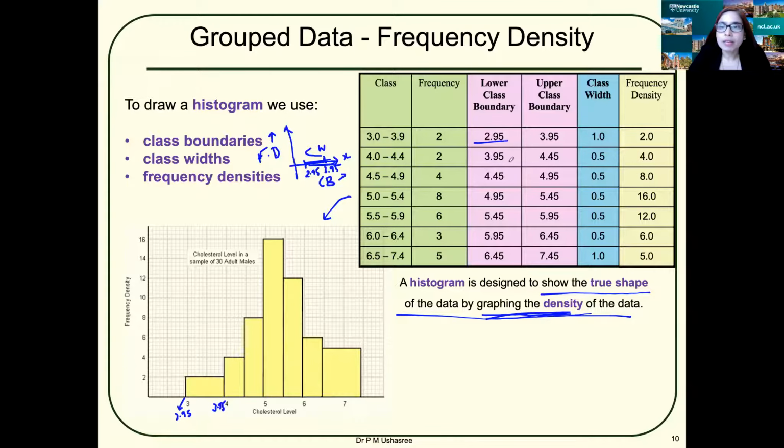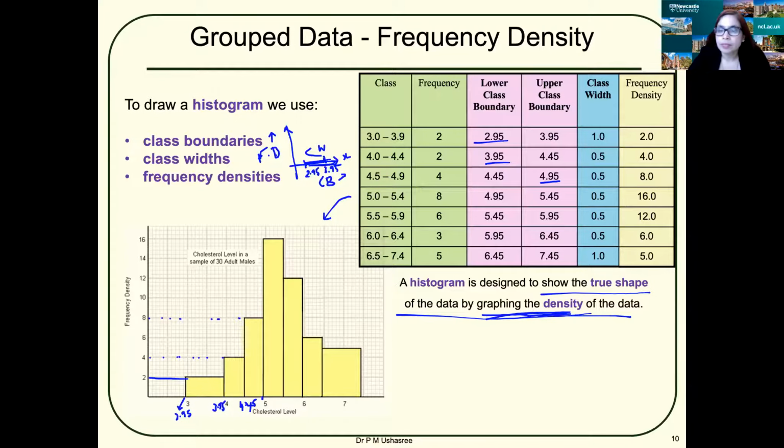Then 3.95 to 4.45, then 4.45 to 4.95, and so on. On the y-axis is the density. Look at that: you have 2, you have 4, you have 8, and so on.